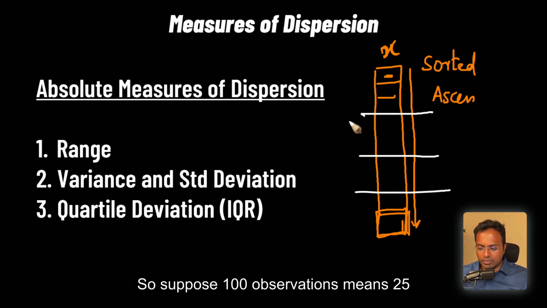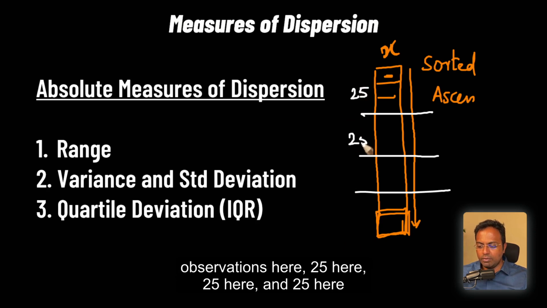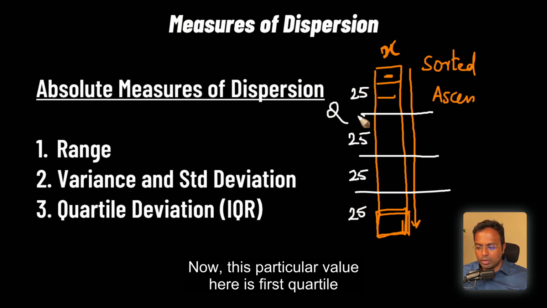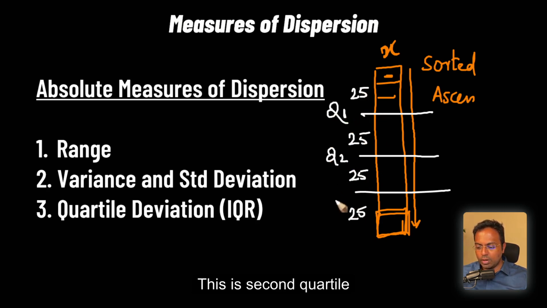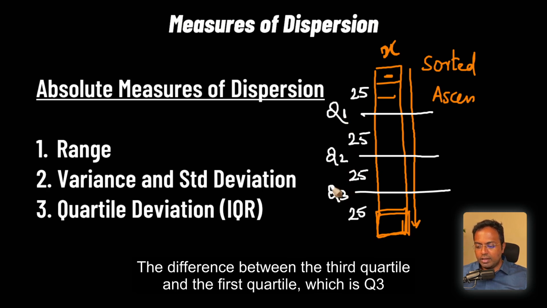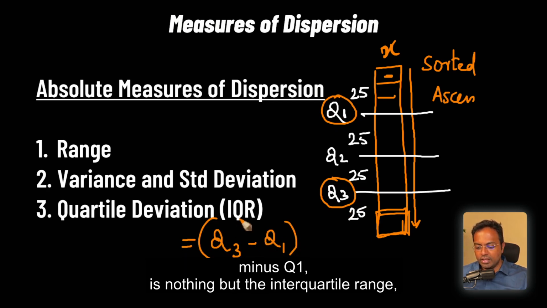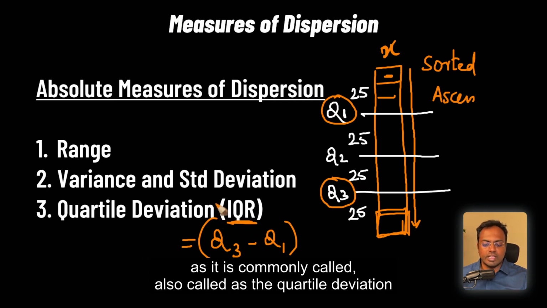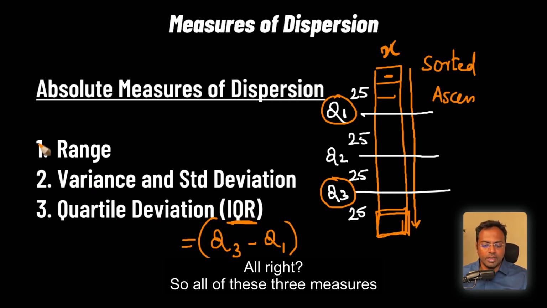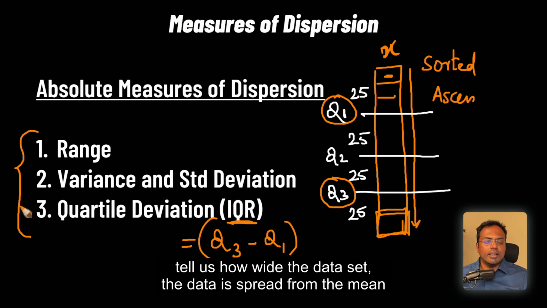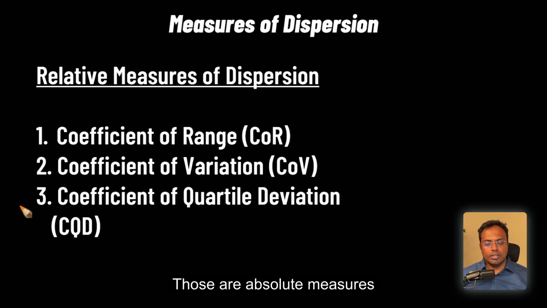So suppose 100 observations means 25 observations here, 25 here, 25 here, and 25 here. This value here is the first quartile, this is the second quartile, this is the third quartile. The difference between the third quartile and the first quartile, Q3 minus Q1, is the interquartile range, as it is commonly called, also called the quartile deviation. All of these 3 measures tell us how wide the data is spread from the mean. So those are absolute measures.